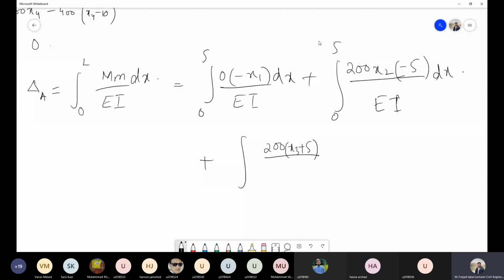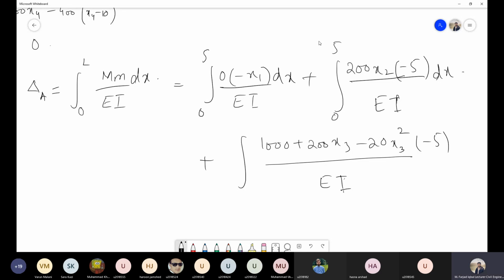So the equation will be 1000 plus 200 x3 minus 20 x3 square over EI, and again the equation was minus 5, that will be dx3, this is dx2, dx1.